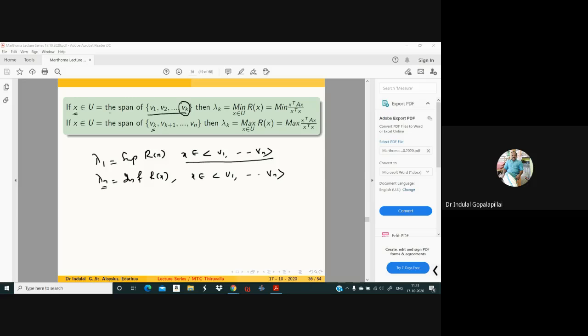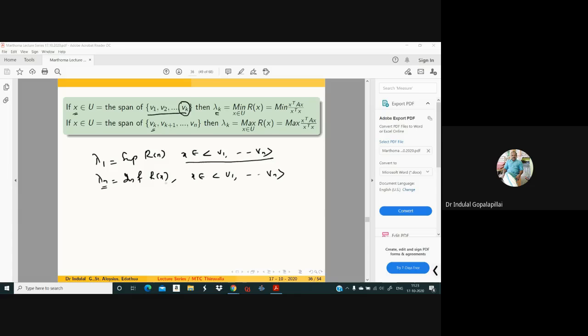We find some x in the span of some eigenvectors and then use this result to find the estimates for lambda k, because since this is minimum, lambda k is less than or equal to the Rayleigh quotients there, so that an estimate for the kth eigenvalue can be obtained if we take this x in the span of certain eigenvectors.